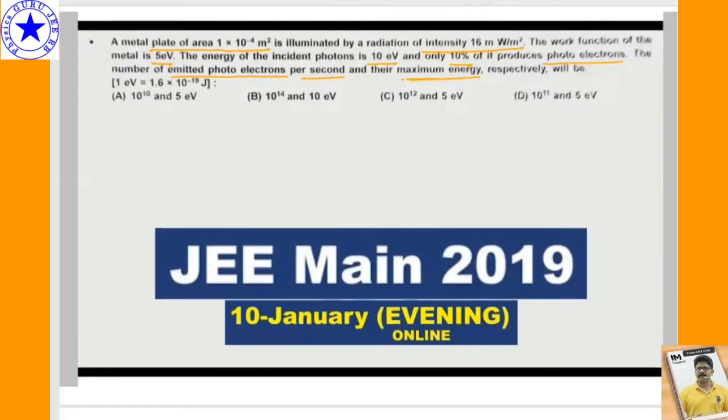Now, if I take the total energy incident on the metal plate, total energy can be written as E equals I into A. Here the intensity is given. Intensity is equal to 16 milli Weber per meter square, that is 16 into 10 to the power of minus 3, into the area of cross section.